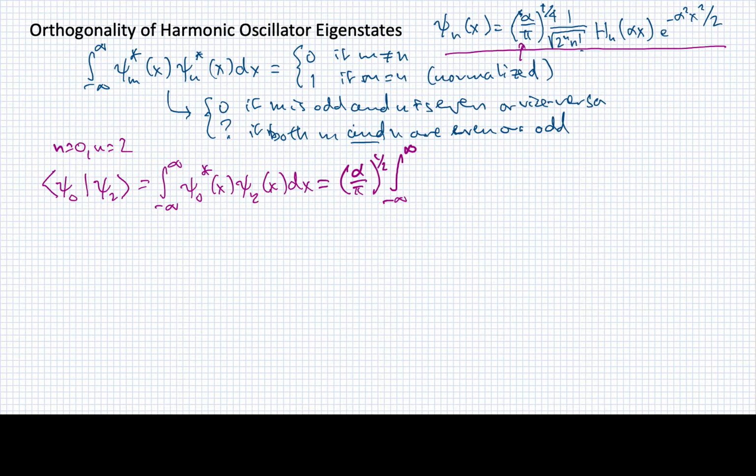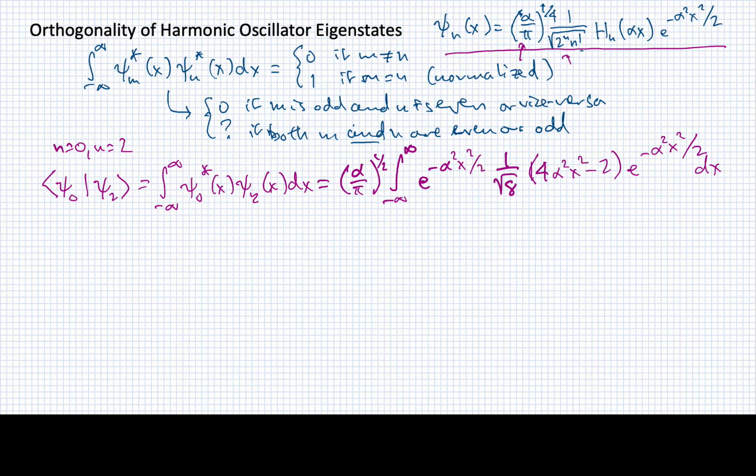When n is equal to 0, this factor is just 1, so I'll have H0 of alpha x, which is just 1. I'll have e to the minus alpha squared x squared over 2 for the psi 0. For psi 2, I'll have 2 squared times 2 factorial, so that's a total of 1 over square root of 8. I'll have H2, which is 4 alpha squared x squared minus 2, and e to the minus alpha squared x squared over 2 dx. So this is the integral that we have to evaluate.